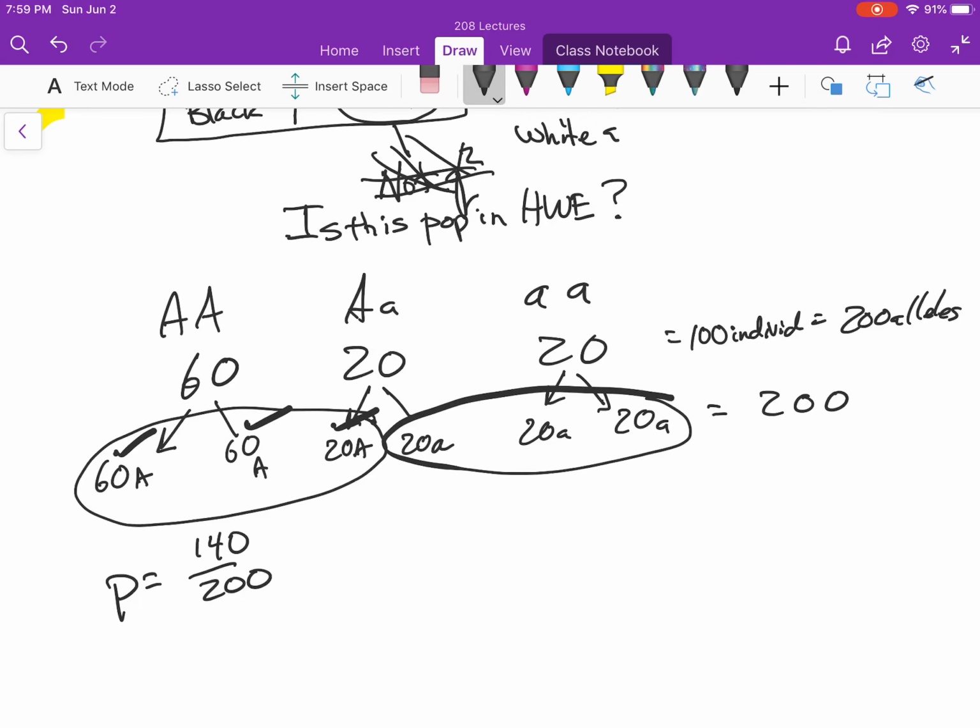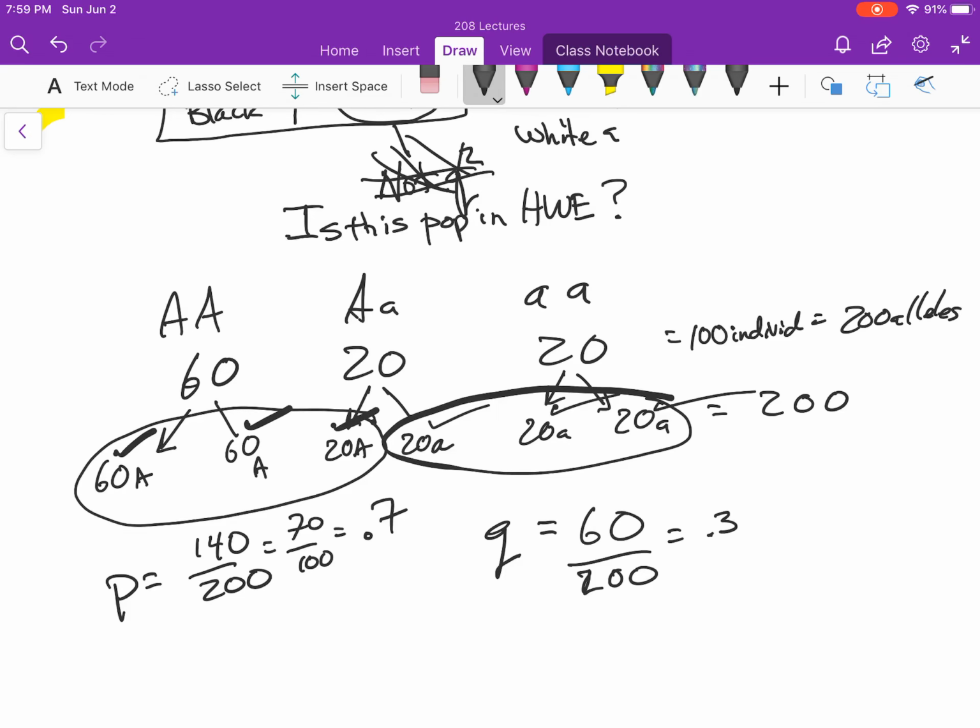So P is equal to 140 over 200, and Q is equal to 20, 40, 60, so 60 over 200. And 140 over 200 reduces to 70 over 100, which equals 0.7, and 60 over 200 reduces to 0.3. So we've got P and Q.